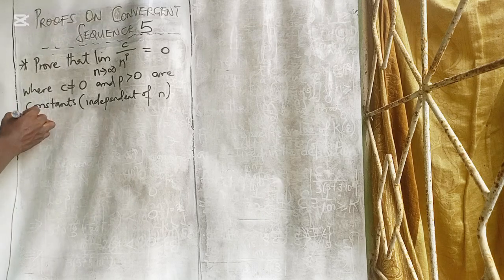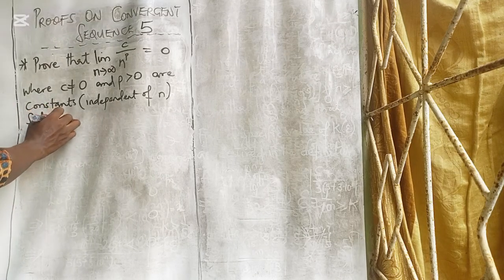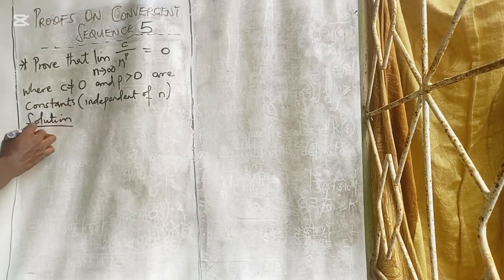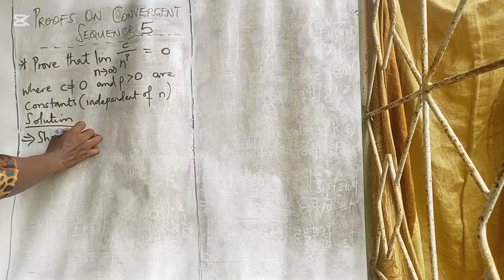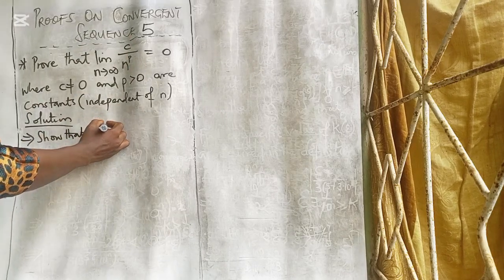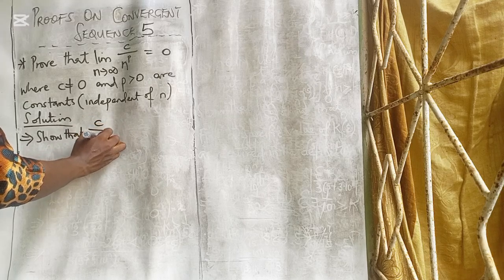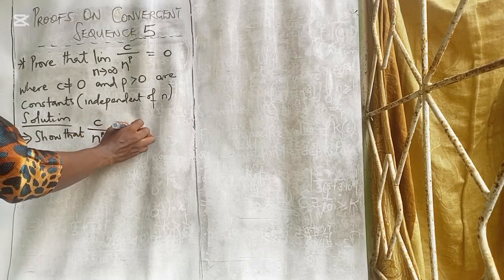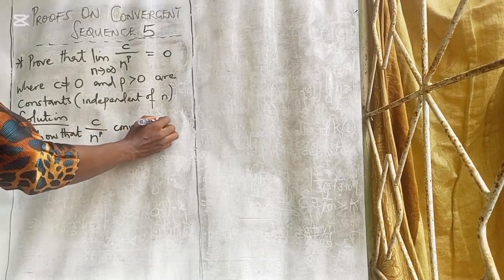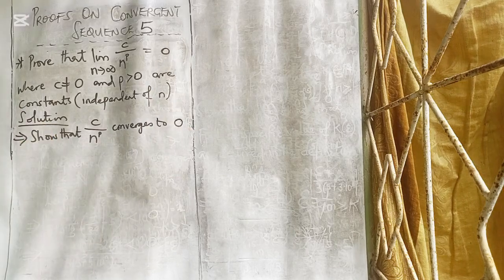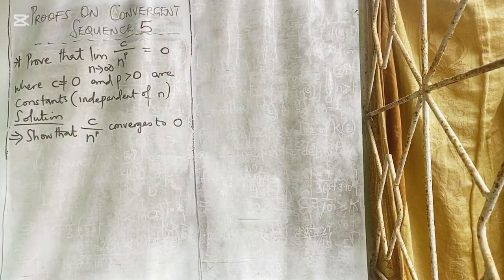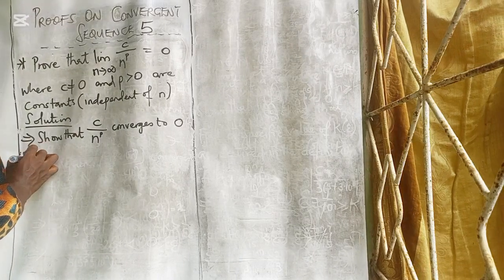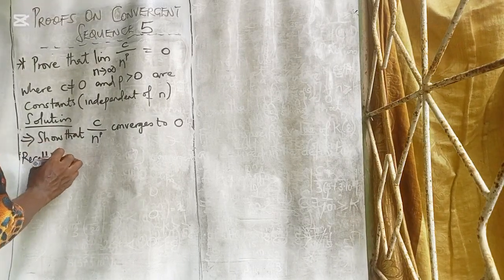Again, for us to prove that limit, it implies that we should show that the sequence c over n raised power p converges to 0. And for us to show convergence, we need to recall the definition of convergence.